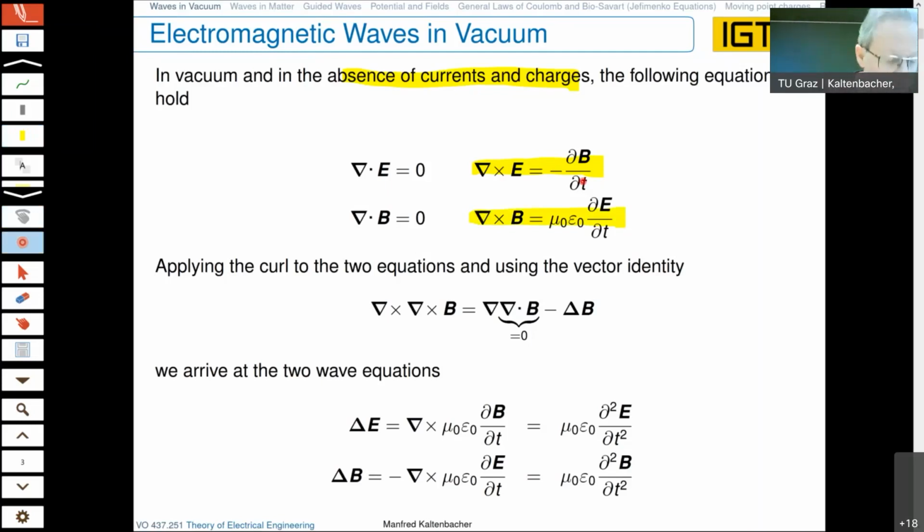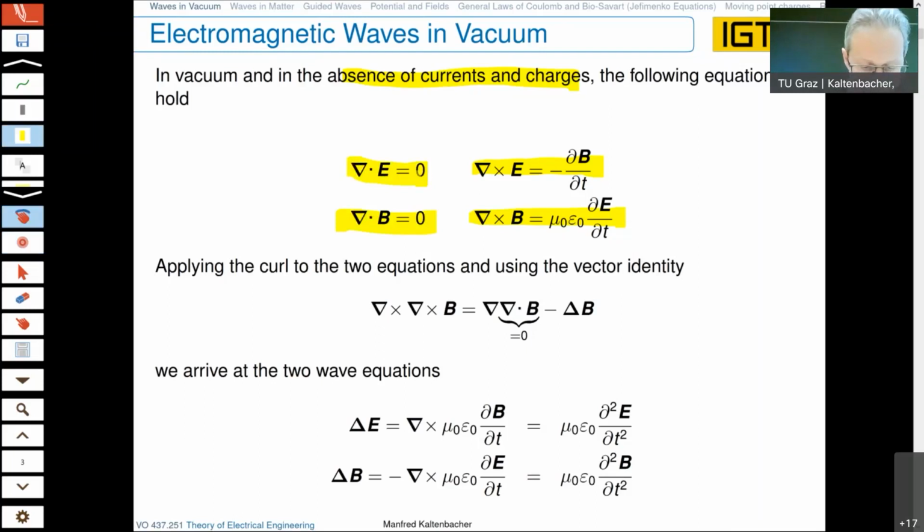Yeah, and both divergences in this case then are 0. This is standard, as we know. The divergence of B is always 0. But in this case, since we have no charge, the divergence of E is also 0. And so we see here a nice symmetry, yeah, which we do not have for the full Maxwell's equations when we take into account charges and current densities.